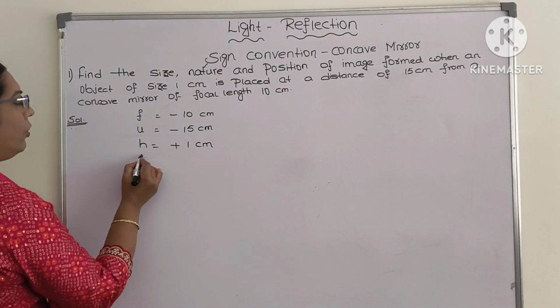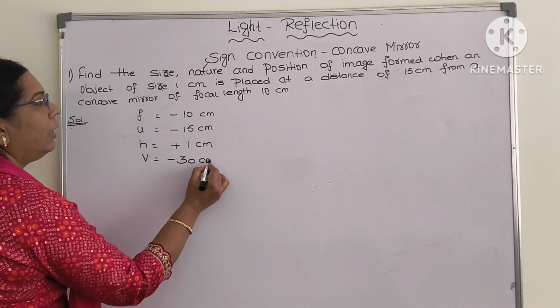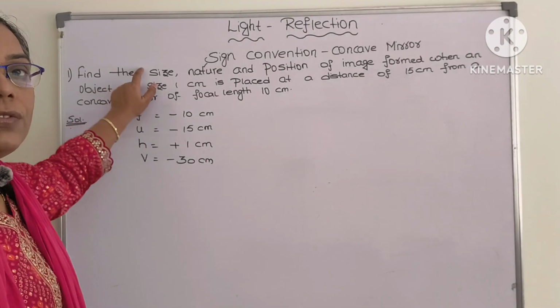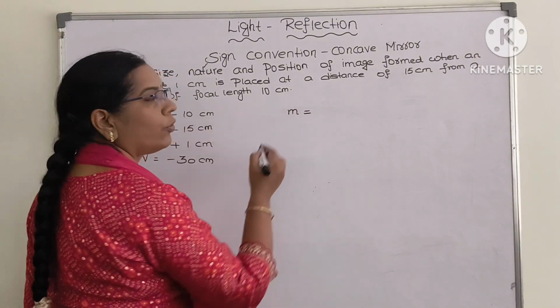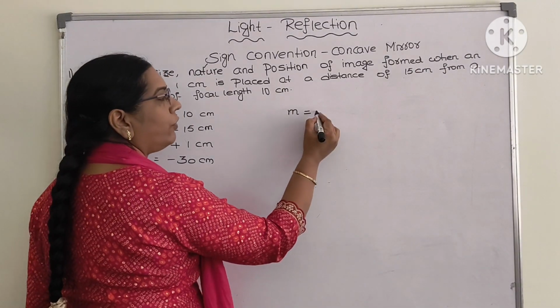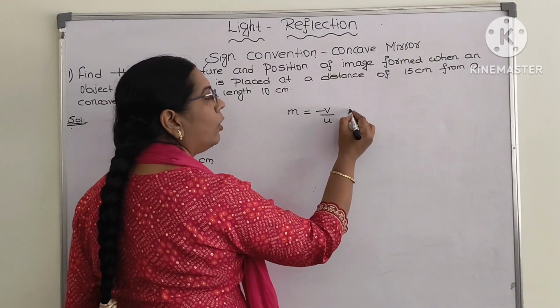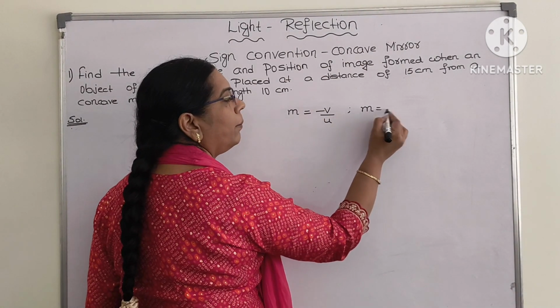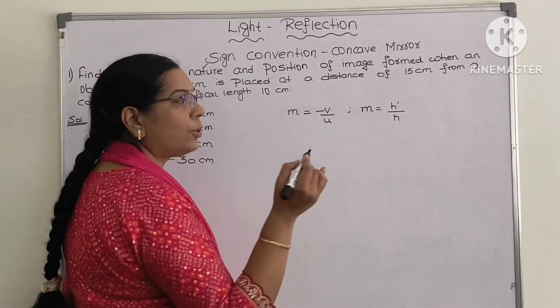So now we found out V to be minus 30 centimeters. In order for us to find the size of the image, we use a different formula, which is the magnification formula. M for magnification is equals to minus V by U, and we also have another formula, M is equals to H prime by H. What is H prime, children?